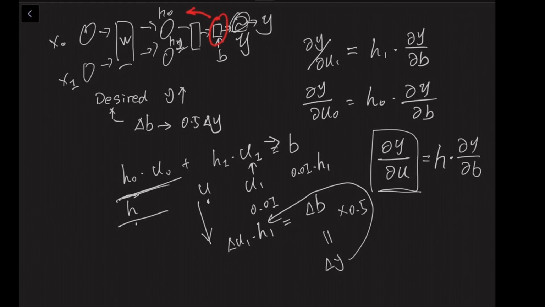And also, using exactly the same kind of derivation, we can get correspondingly how h affects the value y, because h and u contribute in a very symmetric way in the computation of the value of b.